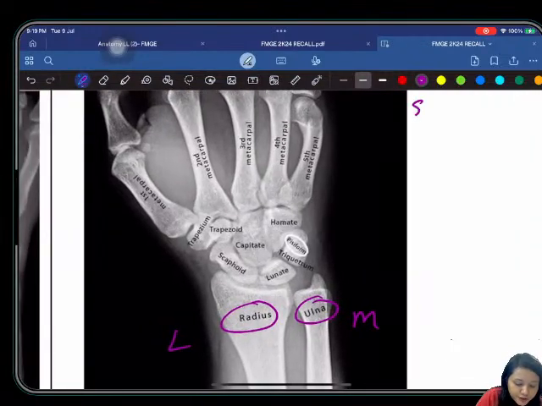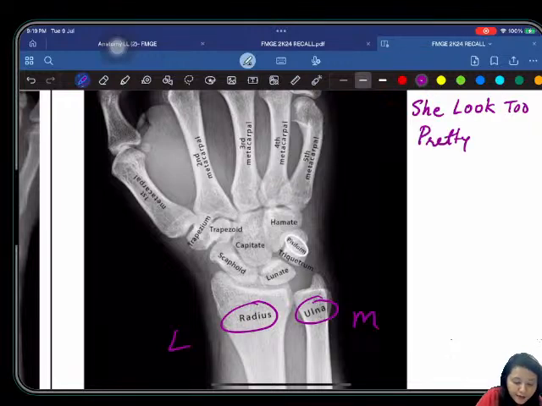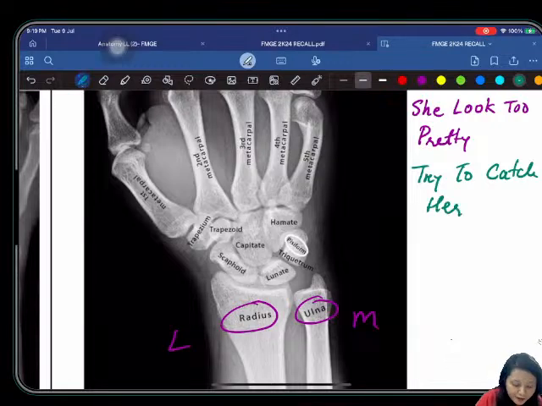So it is: she looks too pretty, and the next row is try to catch her. ठीक है? See, she looks too pretty, try to catch her.